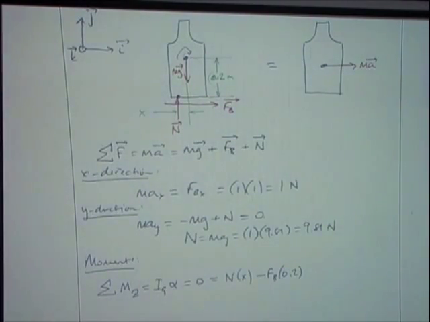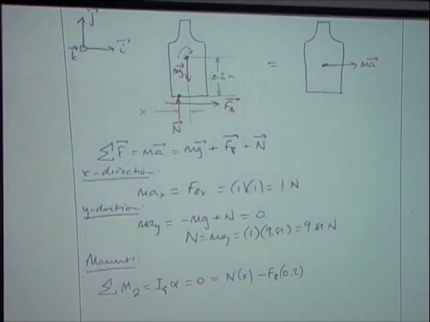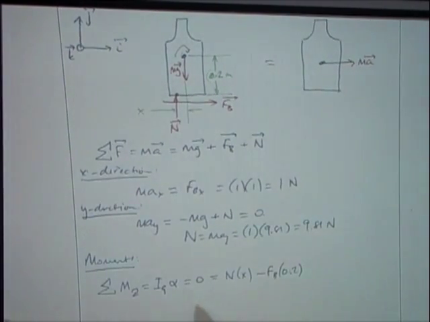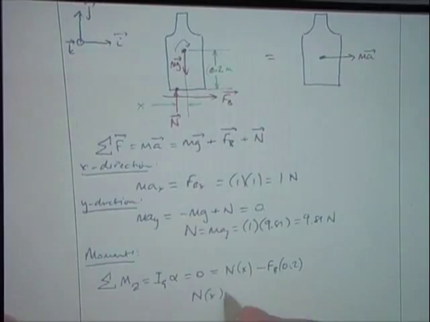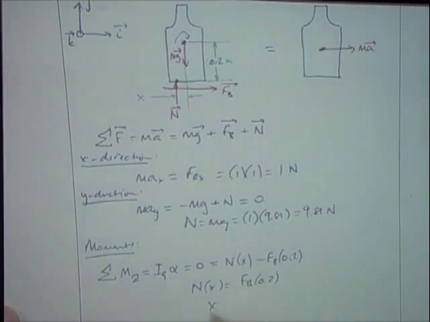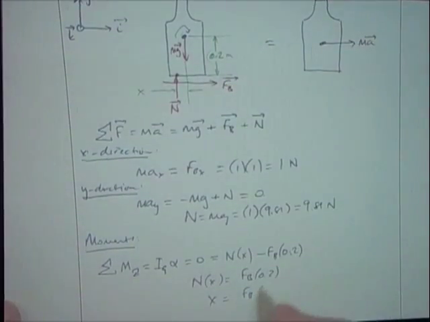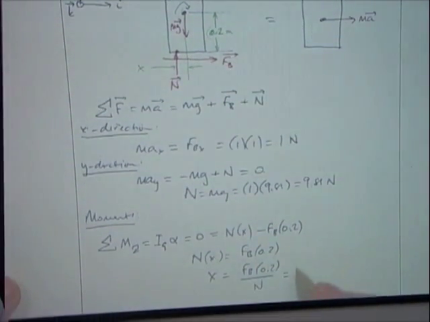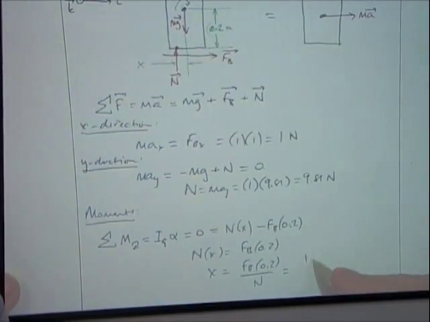So we've got 0 equals Nx minus Fb times 0.2. And so we know that Nx equals Fb times 0.2, and so x is going to be Fb times 0.2 divided by N. Well, we know Fb, that's 1 times 0.2 divided by 9.81, and that comes out to be about 0.02 meters.